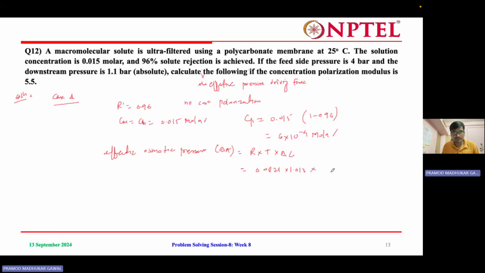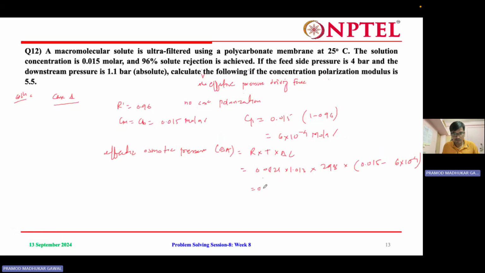Temperature is 298 Kelvin, converting 25 degrees Celsius to Kelvin, into Cm minus Cp, right?